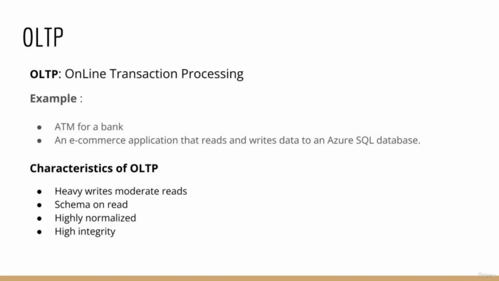It's also characterized by schema on read. In schema on read, data is applied to a plan or a schema as it is pulled out of a stored location rather than as it goes in. It's highly normalized and preserves high integrity, and that's because we need to efficiently process and store business transactions and immediately make them available to client applications in a consistent manner.